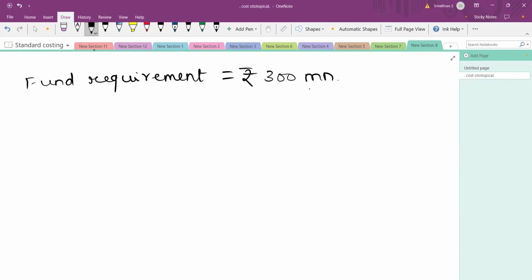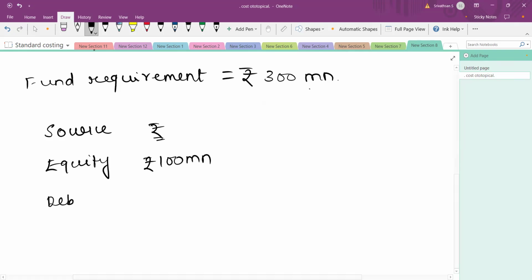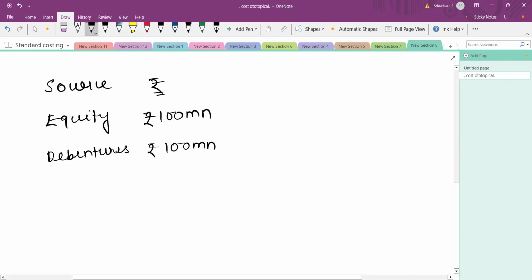So the organization has to raise finance worth 300 million. Now, out of this 300 million, let's say 100 million is coming in the form of equity, another 100 million is coming in the form of, let's say, debentures, and one more 100 million is raised in the form of, let's say, a secured bank loan.